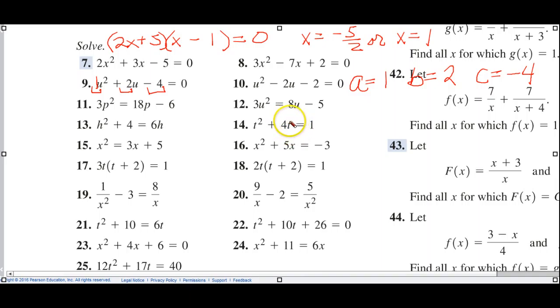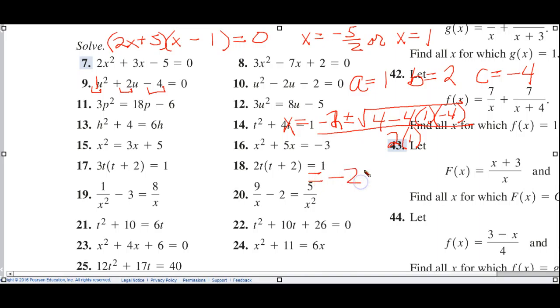In this case, it's u, but we can use x. Now it's negative B, so negative 2 plus or minus the square root of B squared, which is 4, minus 4 times A, which is 1, times C, negative 4, which we then start to simplify, is negative 2 plus or minus the square root of.